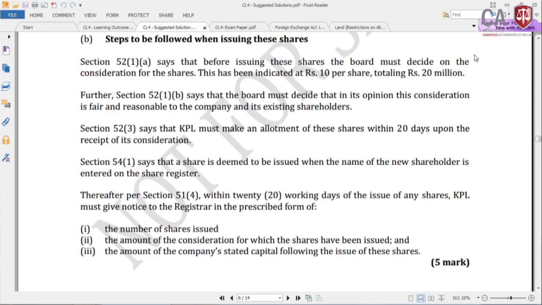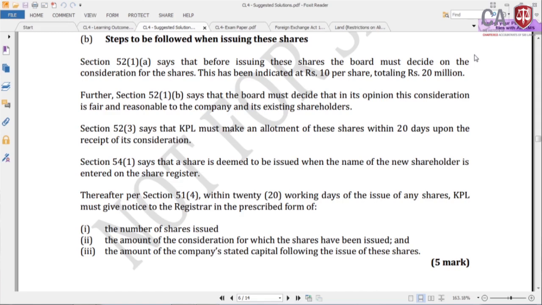I would advise you not to replicate the section, but very simply write down the meaning of the section. So, section 52(3) says that KPL must make an allotment of these shares within 20 days upon the receipt of its consideration. Once the consideration is received, you must make the allotment within 20 days.